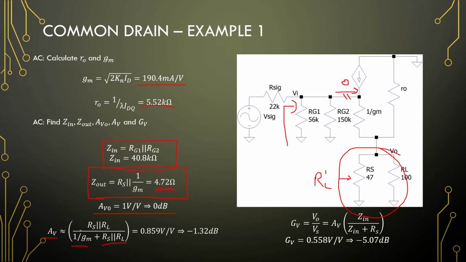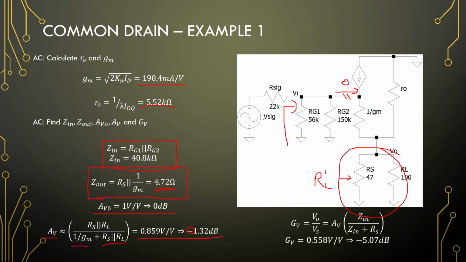Okay, so R load here, 1 over GM here is basically our output impedance. So we will find that our loaded gain of this amplifier is 0.59 volts per volt or minus 1.32 decibels. Okay, minus because it's less than 1.